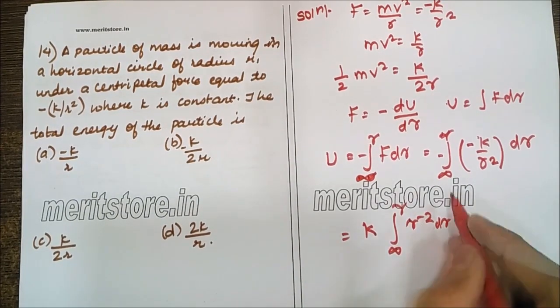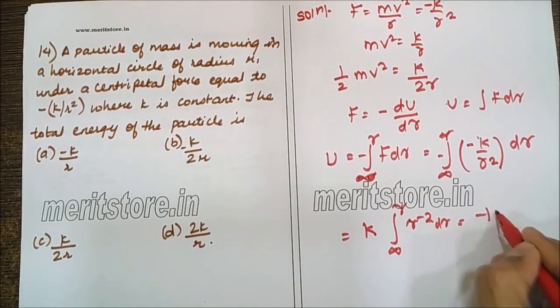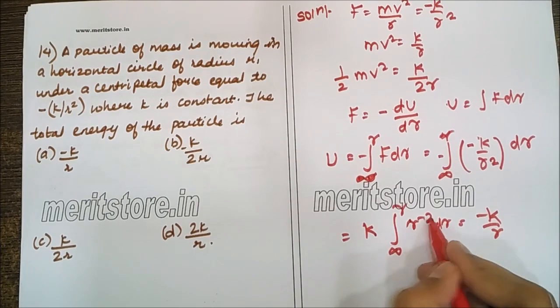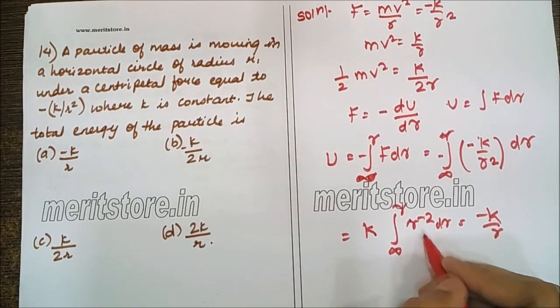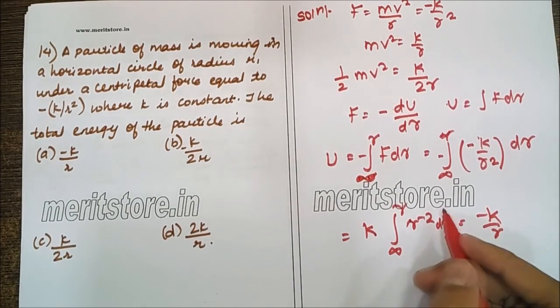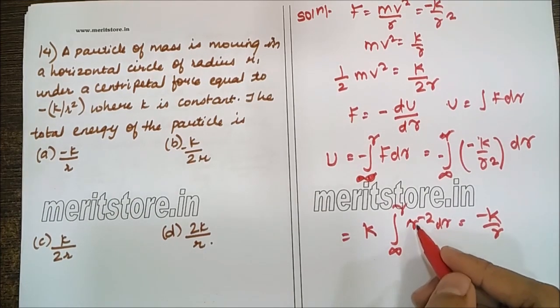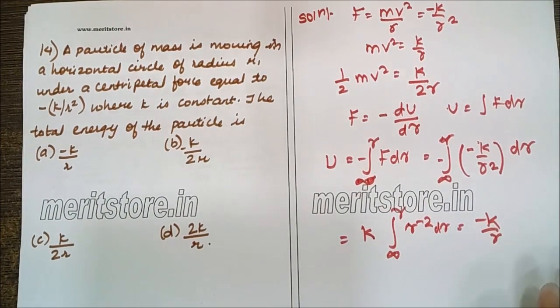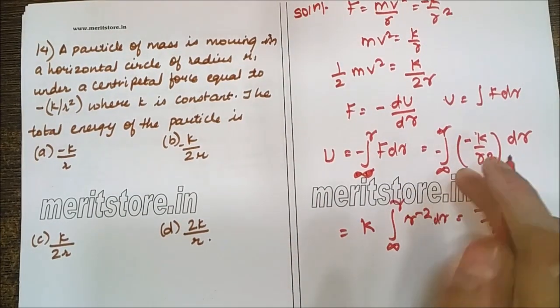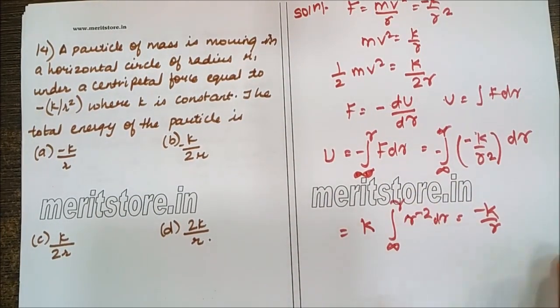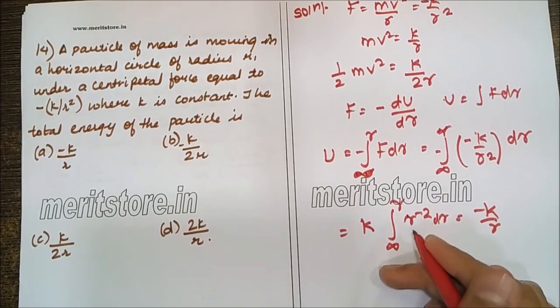Okay, so integrating this, we get k into r raised to minus 2 plus 1 upon minus 2 plus 1, that is minus 1, so r raised to minus 1, that will again become 1 upon r.